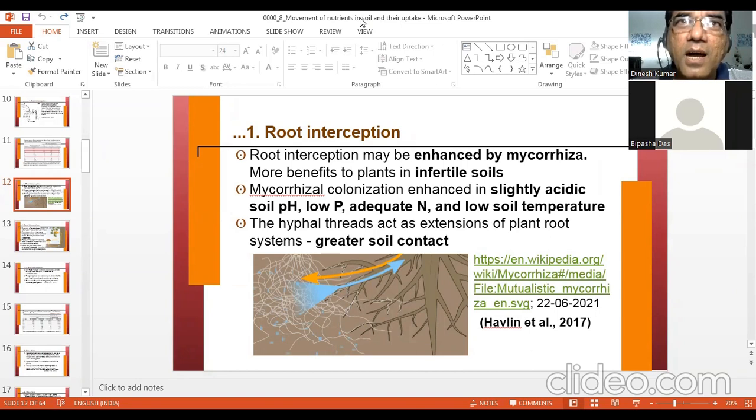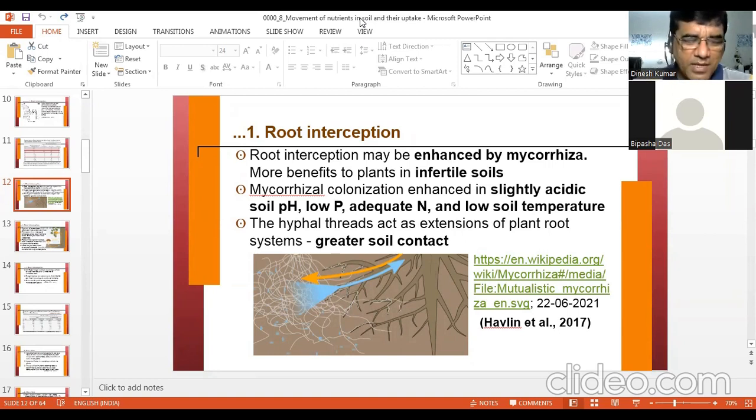So therefore, they are also helping in the uptake of the nutrients. That is why we cannot separate them from the roots. They are doing the function of the roots. So therefore, studies of mycorrhiza in nutrient uptake are also important, like root uptake. We can treat it also as a kind of root uptake.